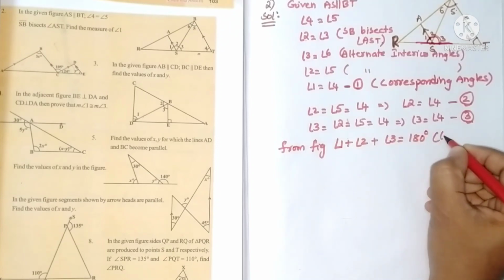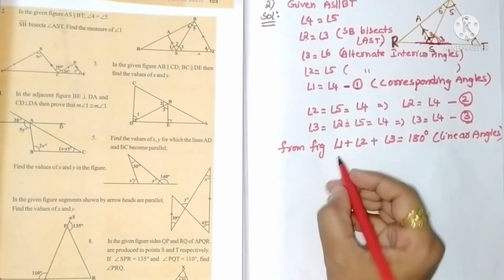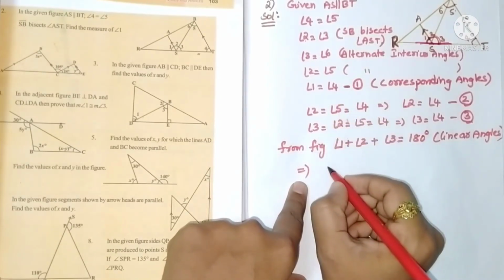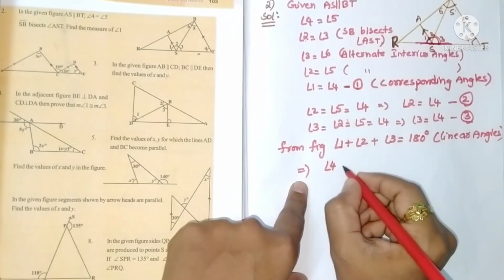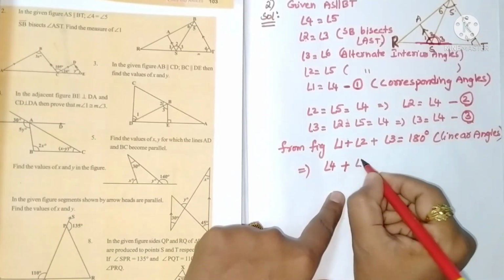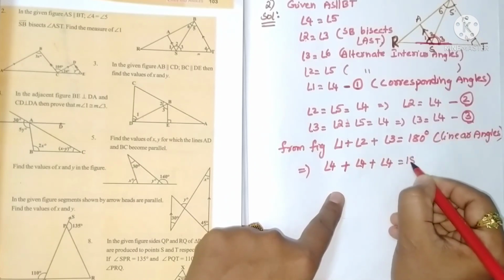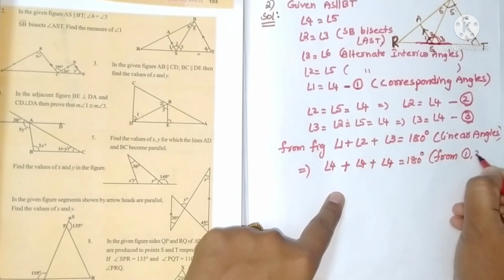But instead of angle 1 we can write angle 4, plus angle 2 as angle 4, plus angle 3 as angle 4, equals 180 degrees.